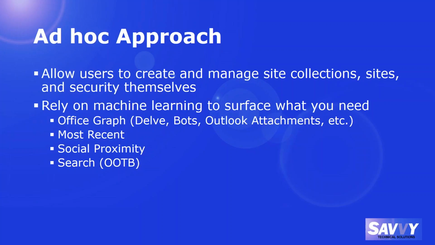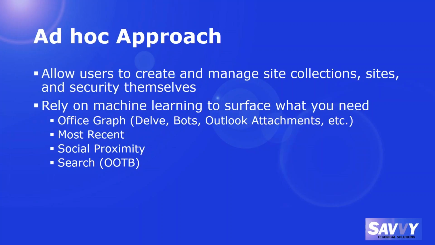You can build any number of custom applications, or Delve is the Office 365 implementation of this that you can see, where a lot of times if you want to attach a document in Outlook, it's just going to show you the most recent documents you've worked with.